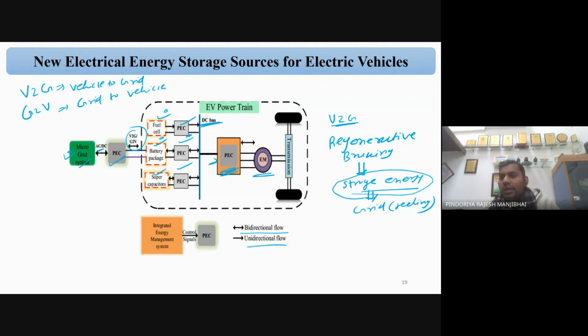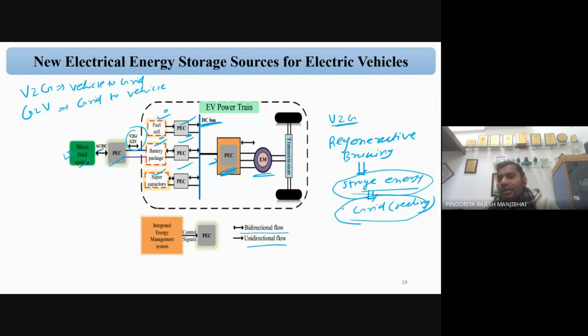We cannot store the energy in AC, correct? Energy storage is always DC, and the grid is always AC, correct? So you have to convert the energy from AC into DC and DC into AC, correct? Then there is an instability. Operation has an instability. Okay.